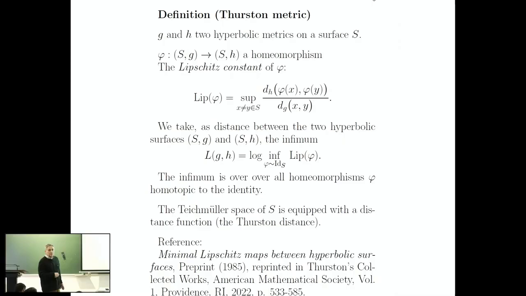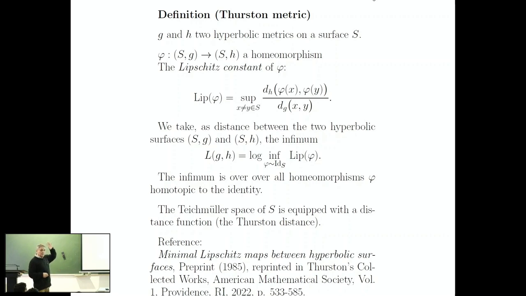If you don't know about homotopy, don't worry about this. But you have two surfaces which are homeomorphic, since I said the same surface equipped with two different metrics, and you take only Lipschitz maps, and you say that the distance between the two surfaces is the infimum of the Lipschitz constants of all maps between these two surfaces.